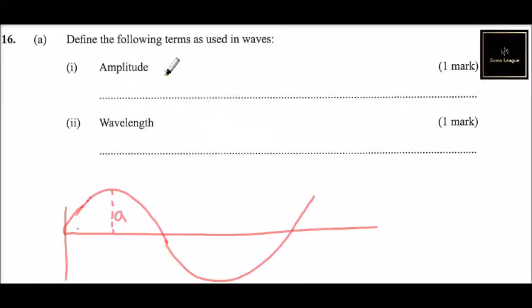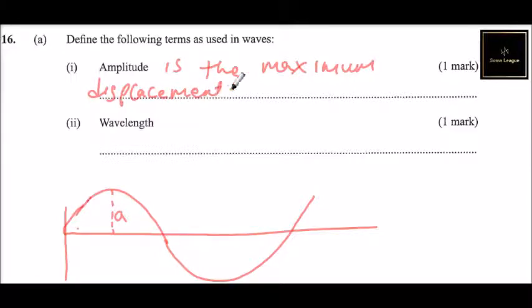So in terms of words, we can say amplitude is the maximum displacement from the mean position. So that is how you answer part A, Roman number 1.